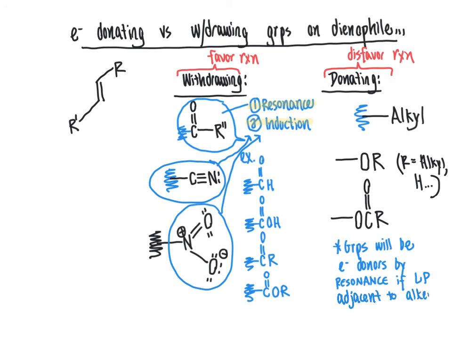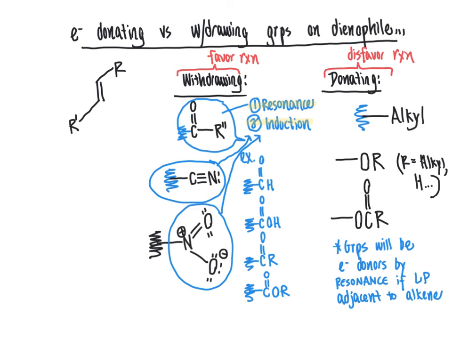So if we look at that first atom away from the alkene, the first atom of the R group, if that has lone pairs, those lone pairs are going to be able to come over by resonance to act as electron donors, as we showed with the O-alkyl group when we drew out the second resonance structure for that and showed how the electrons from the lone pair could move over to make a carbon-oxygen double bond.